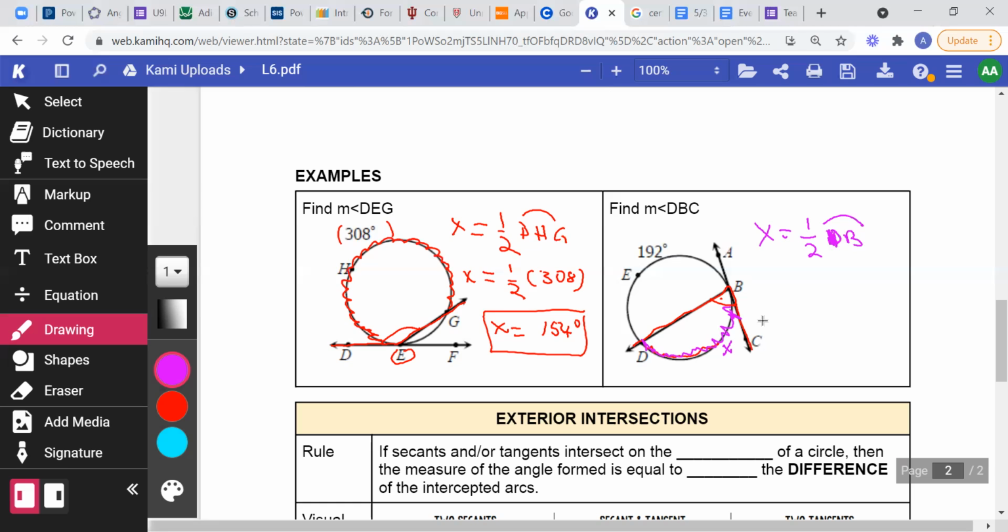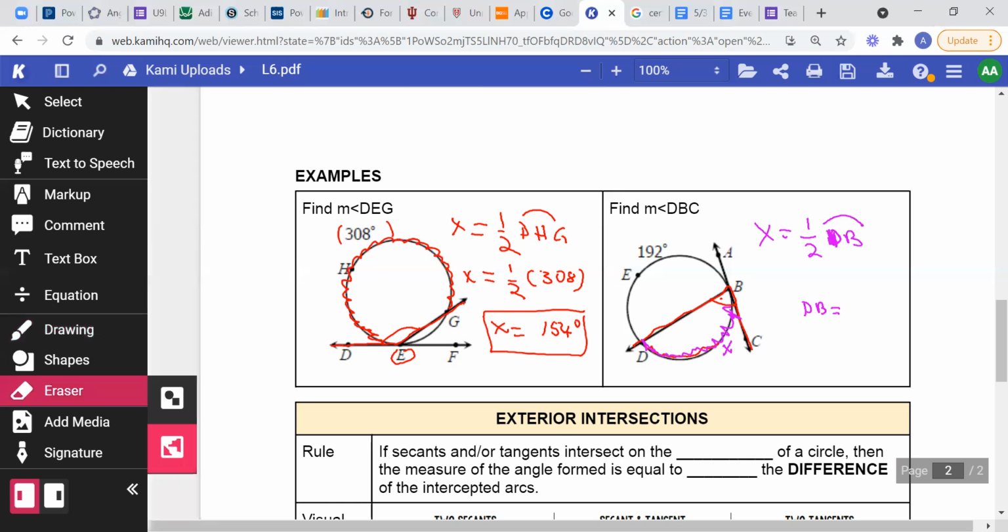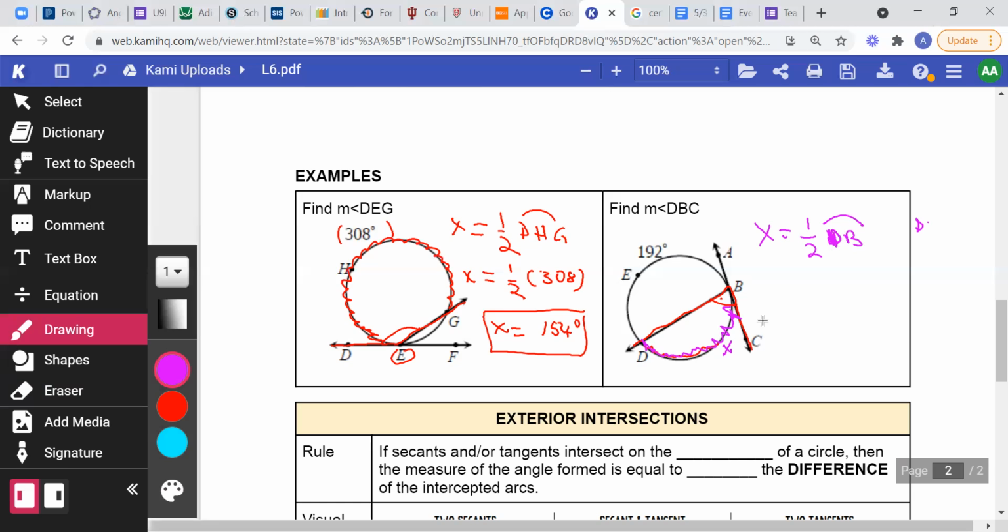DB here is equal to 360, the sum of angles on the circle, minus this part, because putting the orange and the purple together gives us 360.